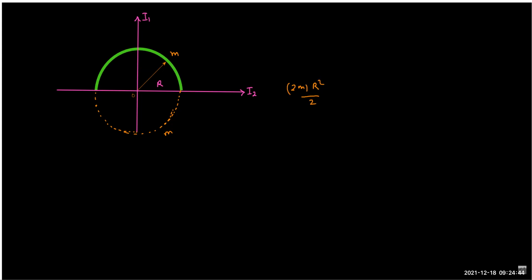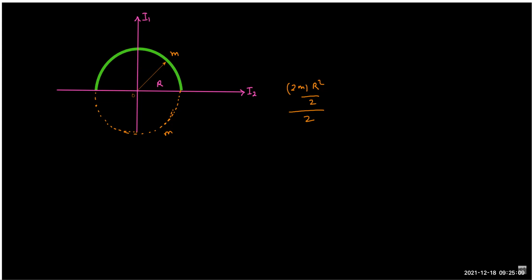But because we are only looking for the half part, we can say because of symmetry that the contribution from the top and the bottom must be the same. So the green colored part will only contribute half of this value. Do you realize this? So first you make a complete circle and then think of what could be the answer.